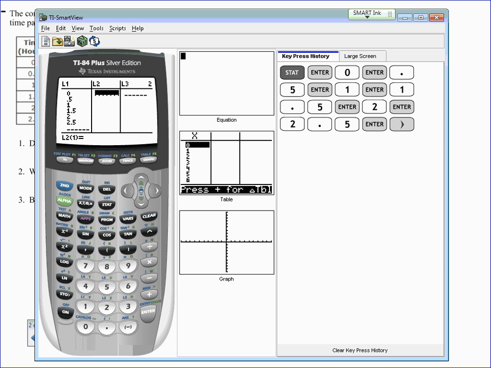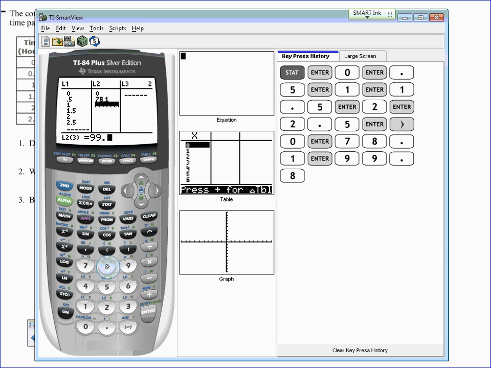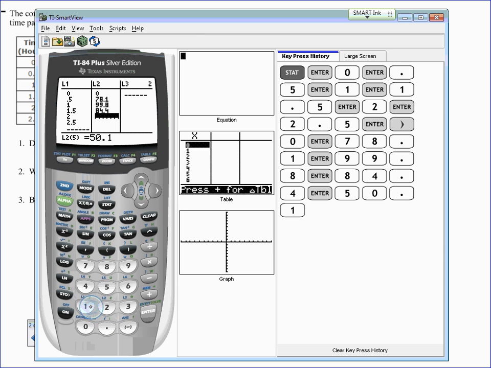Very important that we put the correct concentration values with the correct time values. So, once we have the data in, we're ready to go.